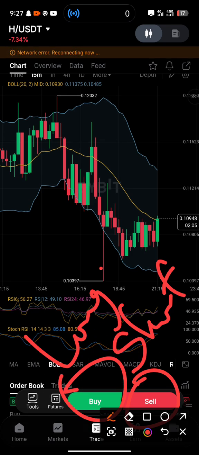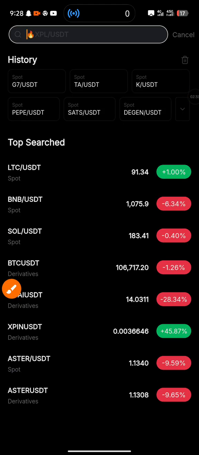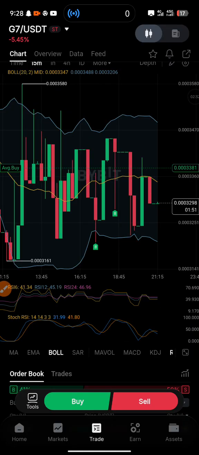So always take note: it must be showing buy here and sell here. This is when you are on spot trading. You can also search for a particular coin you really want to buy, dive into it and start trading it for profit.